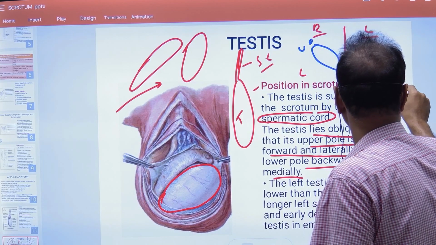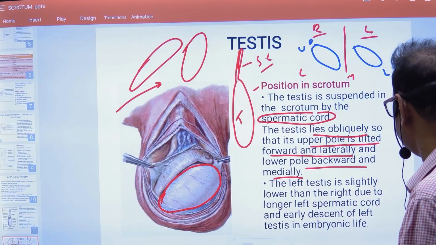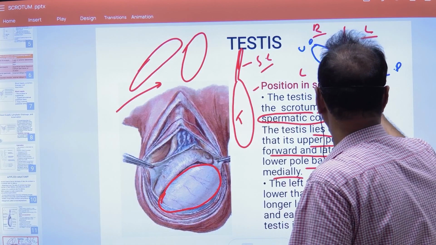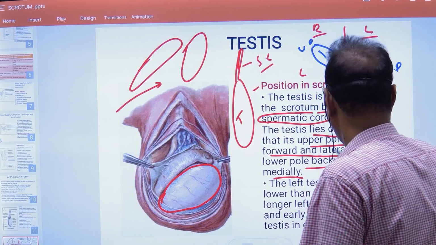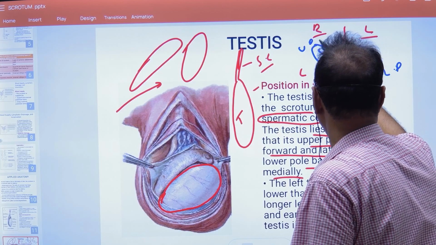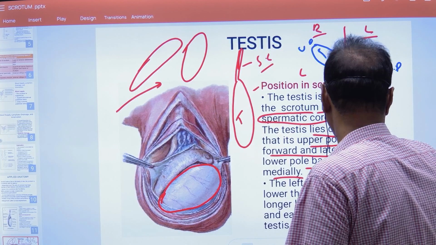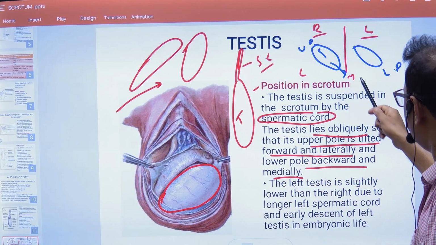This is lower pole. So the upper pole is going forward and laterally, and the lower pole is going medially, downward and backward. So the direction will be like this.